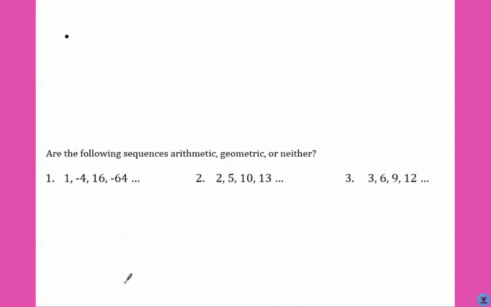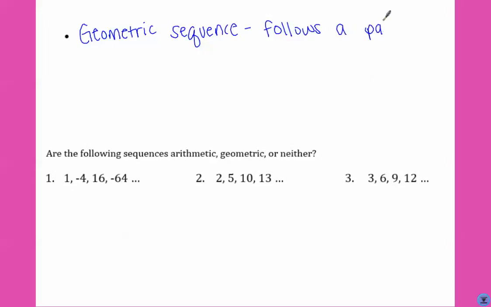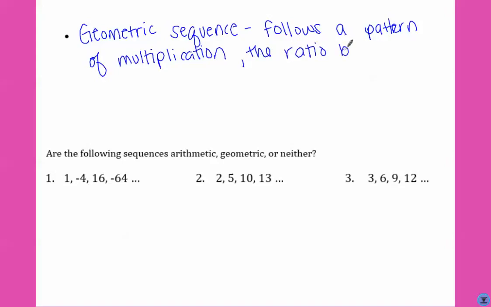All right, today we're going to be learning about geometric sequences and series. A geometric sequence follows a pattern of multiplication: the ratio between any two terms is always the same.